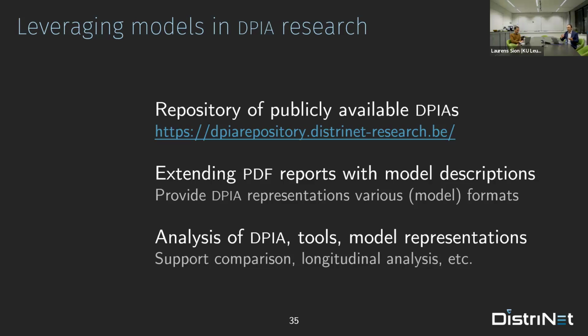And we noticed there that it's not very easy to evaluate these kinds of tools and descriptions, because there's not a lot of good publicly available information to support such activities. As part of that process, we also focused on and recently released a repository of publicly available DPIAs to build and construct that data set.